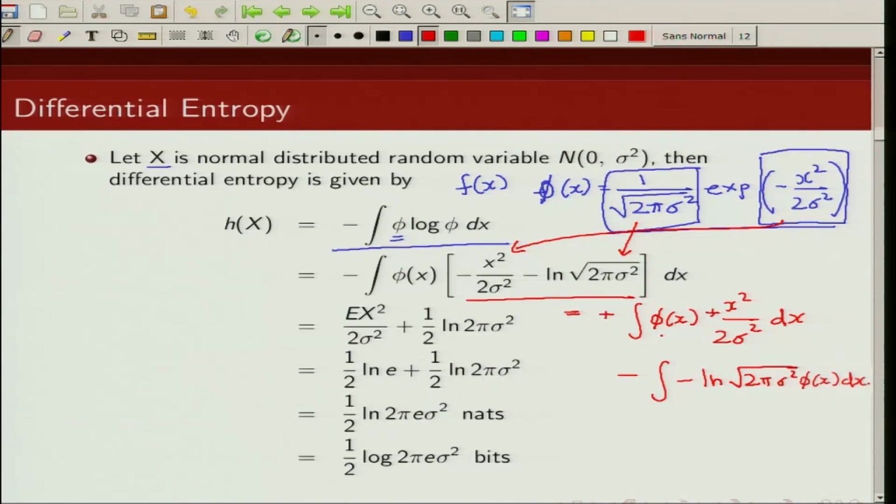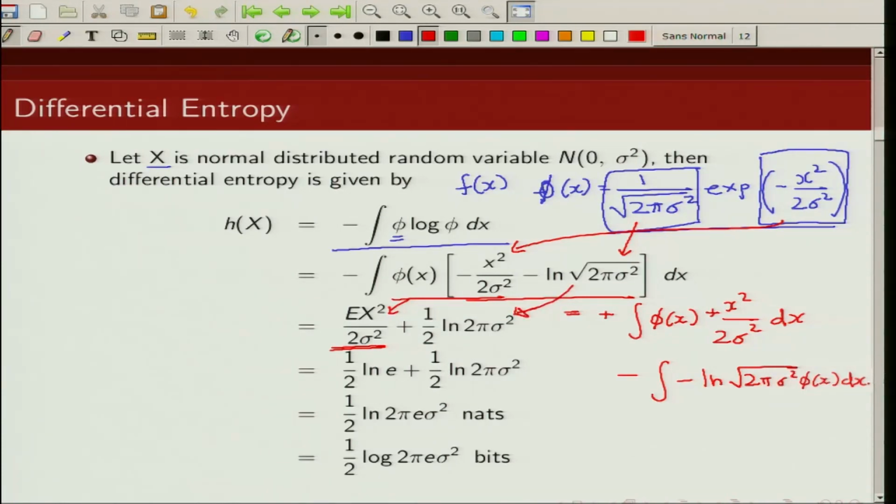This integration of phi of x times x square over 2 sigma square dx is nothing but the expected value of x square divided by 2 sigma square. And in the second term there is no x, so this is a constant. So if we integrate over phi of x, we will get 1.